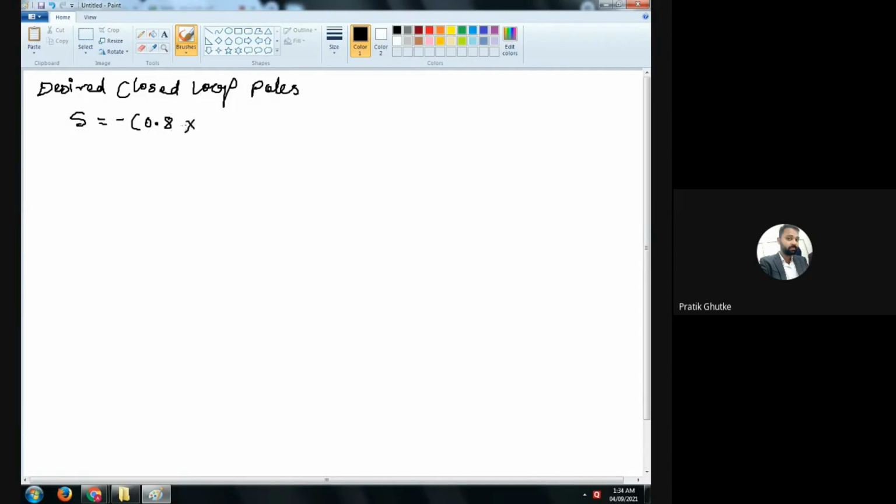So minus 0.8 into 1.25 plus j 1.25 under root 1 minus zeta square. What is the value of zeta? 1 minus 0.8 whole square. So you have to find out the roots for this.